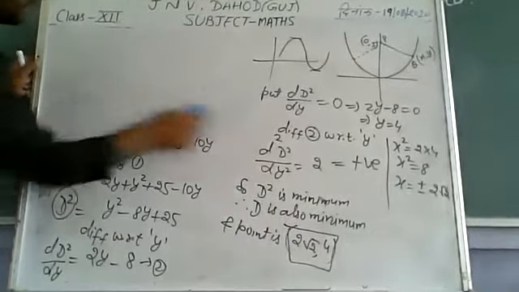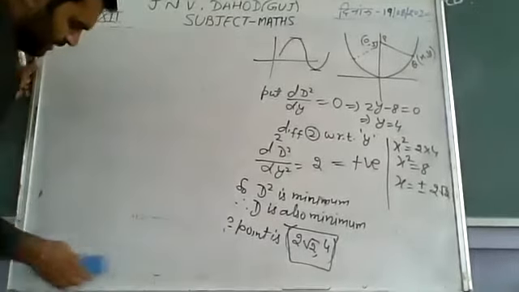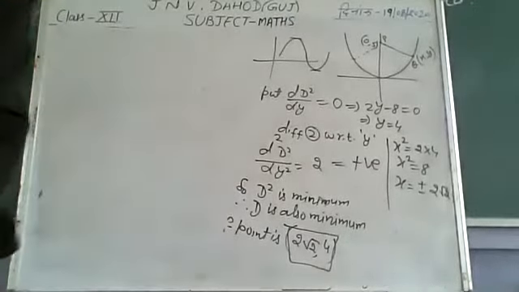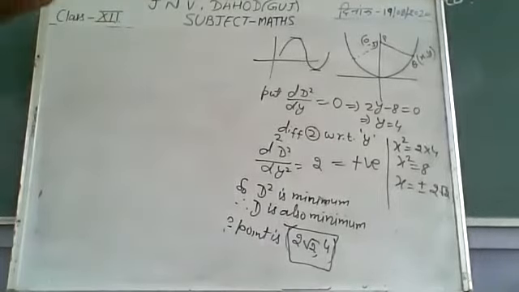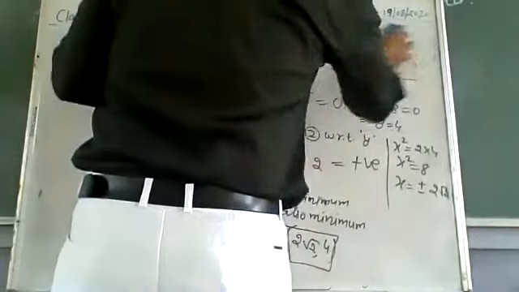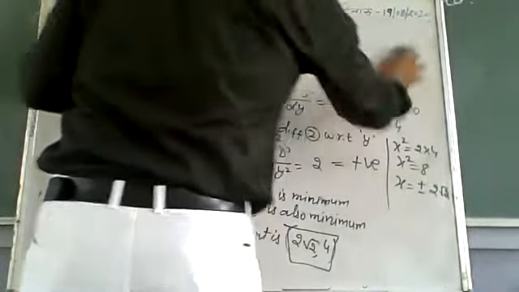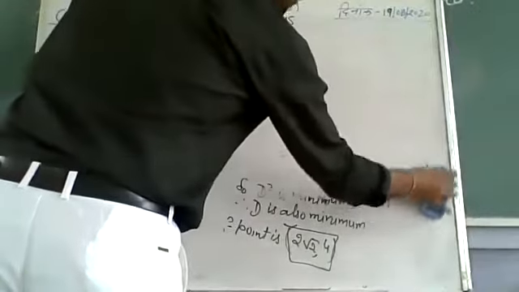The next question is: for all the real values of x, we have to find the minimum value of the function. The function given is a rational function, means polynomial divided by polynomial, इस फॉर्म में एक फंक्शन गिवन है.